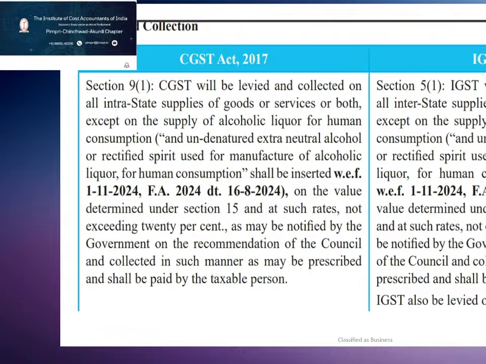Discuss whether Mrs. Rajibir and Sons can still enjoy the benefits of the composition scheme in the financial year 23-24. If it is 23-24, we can assume it is 24-25, no issues. Previous year also there is no change. So first we will see the answer here. As per section 10, his aggregate turnover in the preceding year is not exceeding 1.5 crores and he is engaged in the supply of goods.